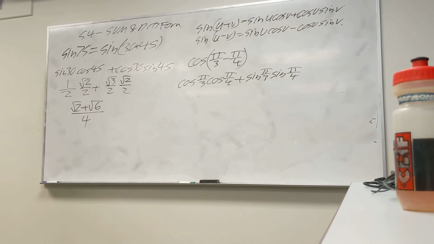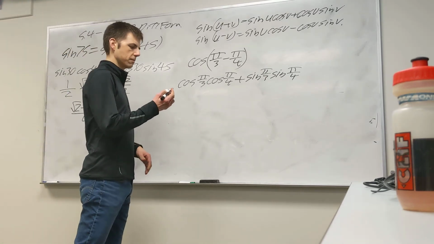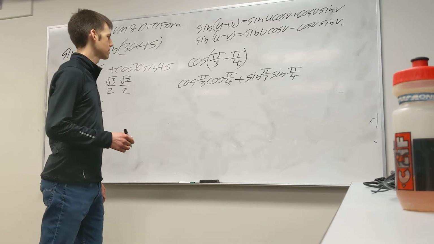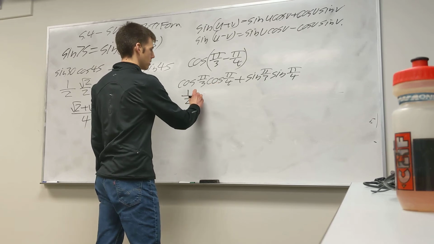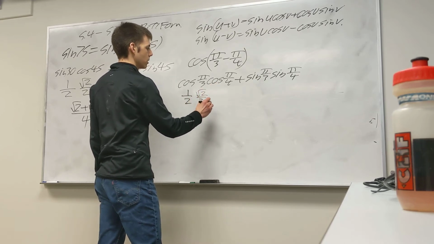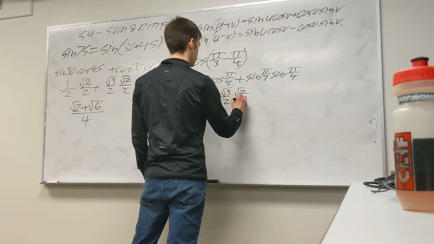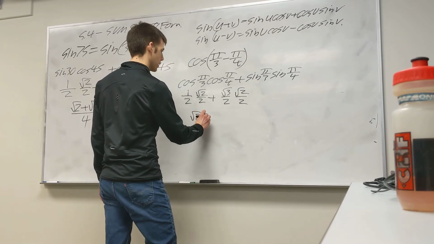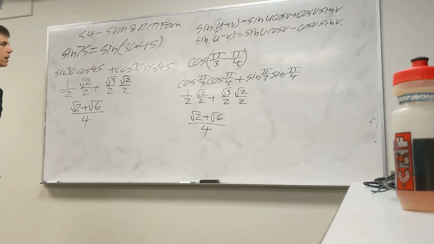Okay? Alright, so this is 1/2 radical 2 over 2 plus radical 3 over 2 radical 2 over 2. So that's going to be radical 2 plus radical 6 over 4. Right? And so the cosine of 15 and the sine of 75 are going to be the same, right?